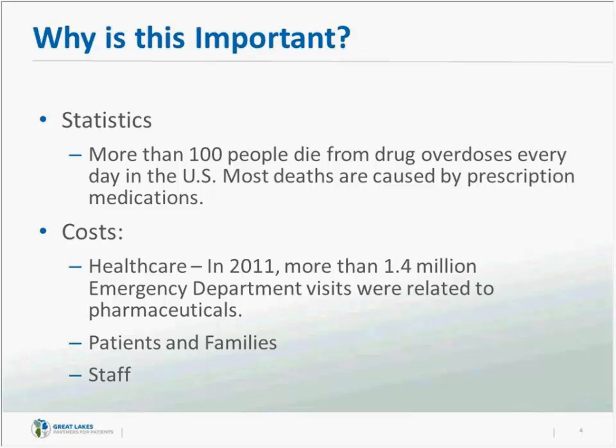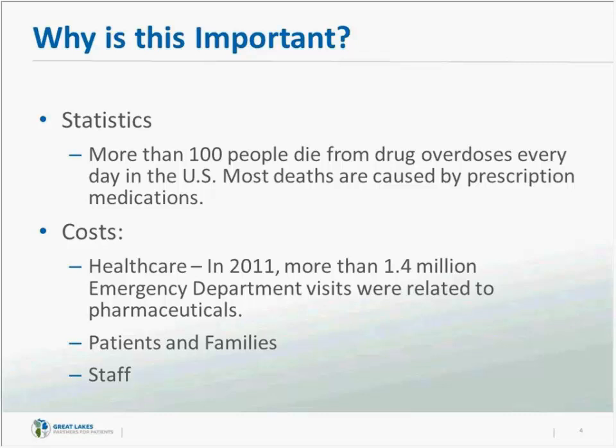So why is this important? Again, as I mentioned, the President, the government, the MHA, the Great Lakes Coalition, and many, many others are very interested in the fact that more than 100 people die from drug overdoses every day in the United States, and most of these deaths are not caused by heroin and morphine on the streets like many people think about. They're caused by prescription medication.